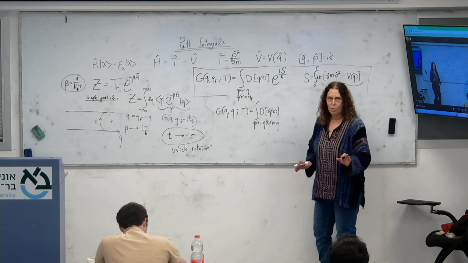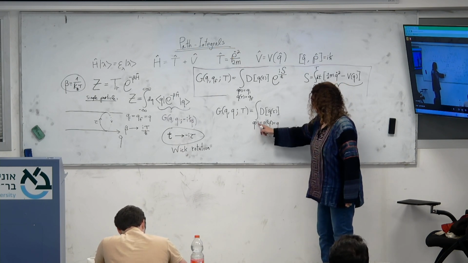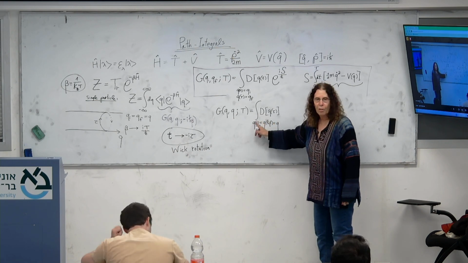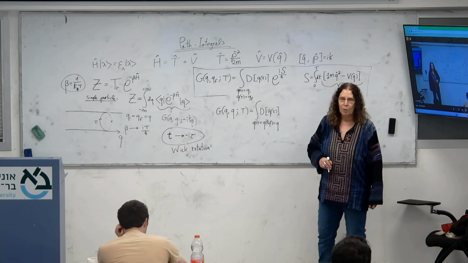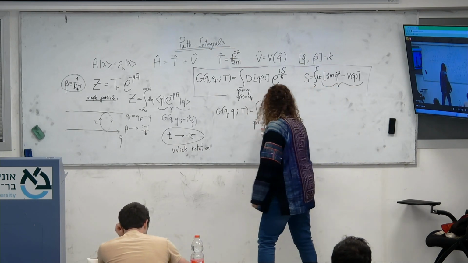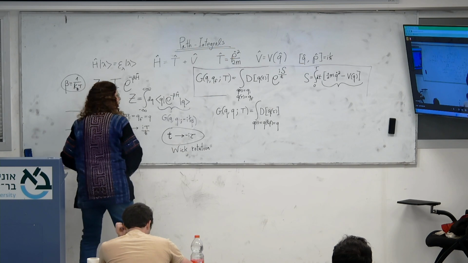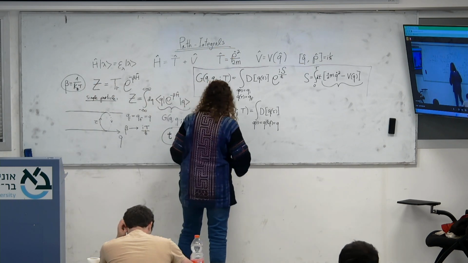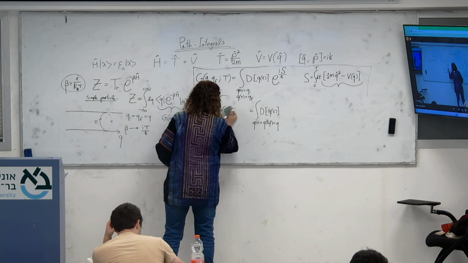Okay, you understand what I just said? Because for each q, you have this periodic boundary condition. But then q can be anything. Okay? So if I integrate over q, I don't only get G of q q, I get the partition function.